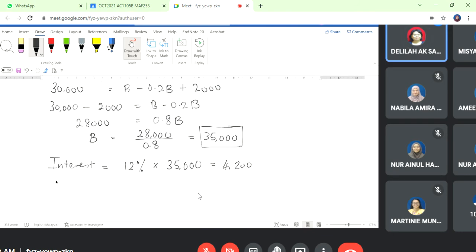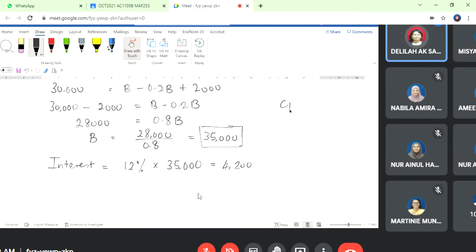Then, okay, I'm going to be checking the compensating balance. Okay, check whether I actually got the 28,000. Sorry, the 30,000 that amount required. Okay, I assume my calculation is correct. You can go do the extra step like I showed just now.